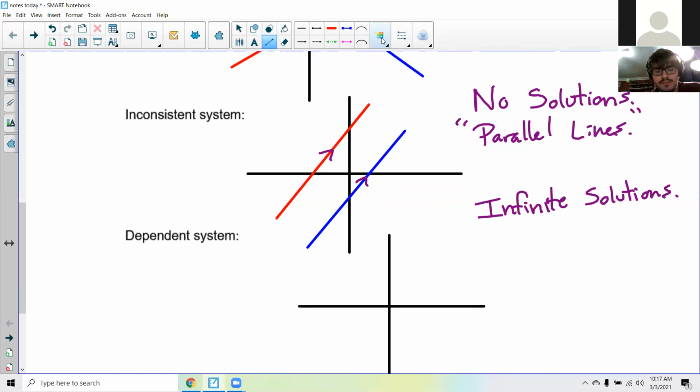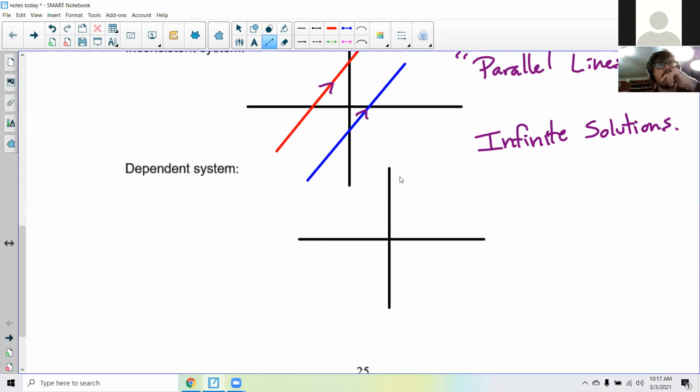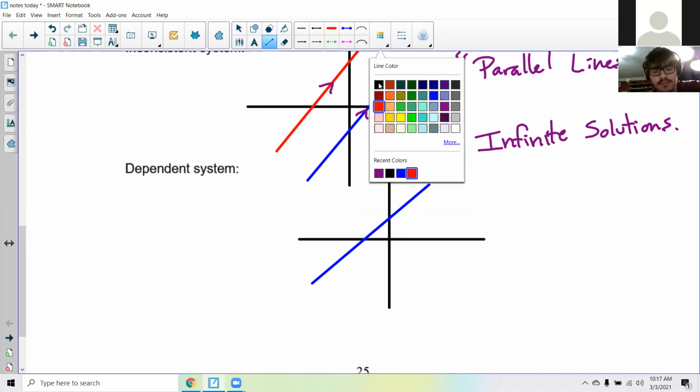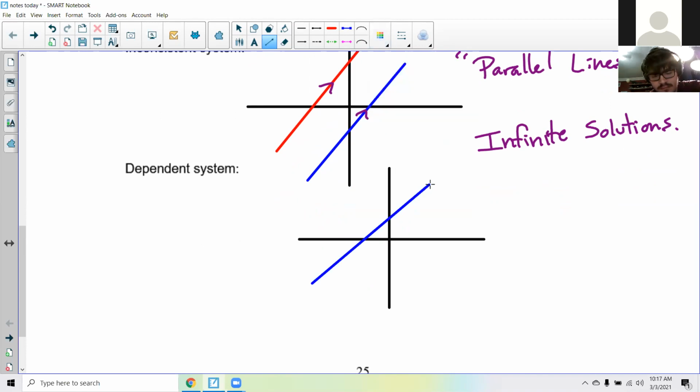If the lines are the same. My man Joe is killing it. Yes. If they're the same line, or you could also say one line is on top of the other line. Same line actually makes more sense, so we'll go with that.